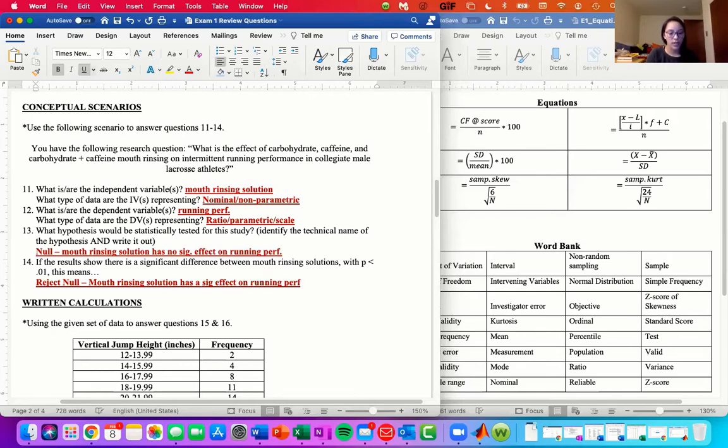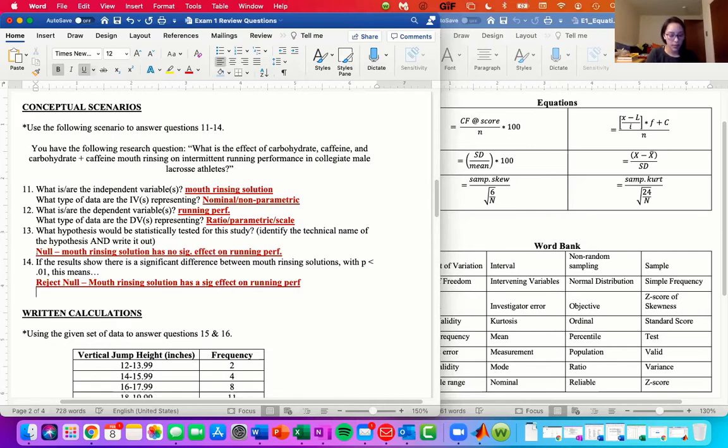We could say there is a significant difference in running performance for different mouth rinsing solutions.